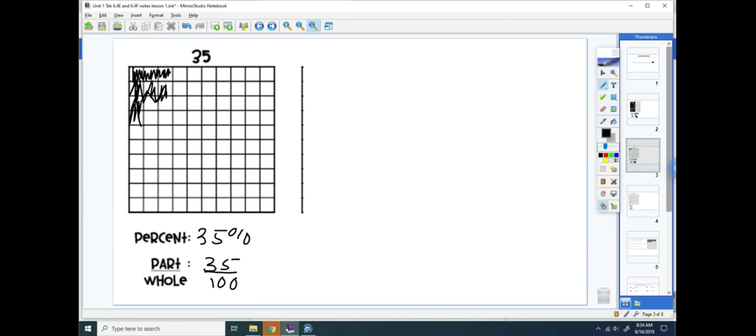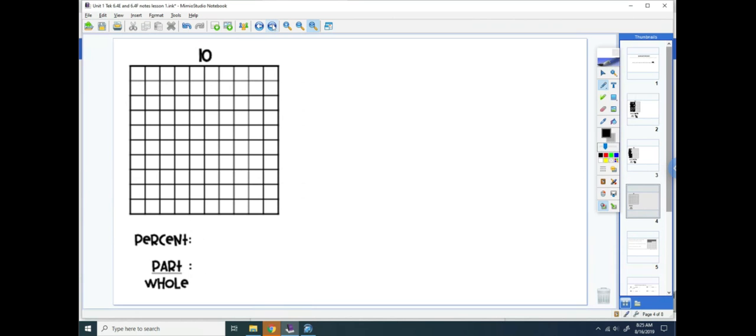And we'll do the other 5 here in a second. Okay, I'm going to go 1, 2, 3, 4, 5. Let's shade those in. So we shaded in 35% out of 100 blocks.